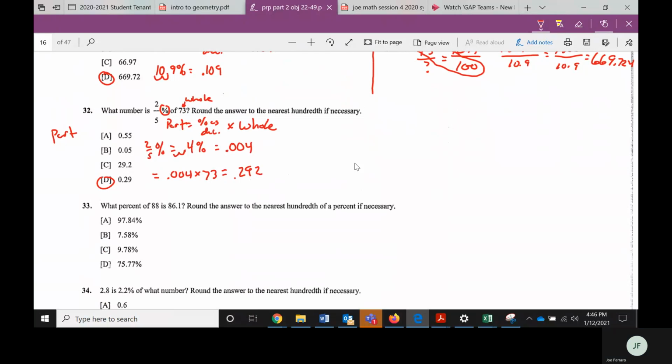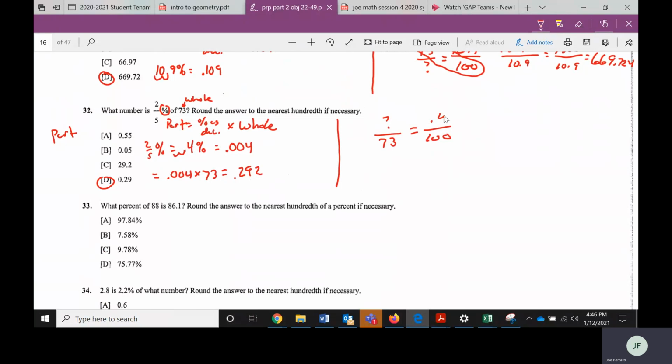Okay. To do this the other method, the part is at the top, so I'm just going to start right away with this. You can always start with that. Now fill in what you know. The whole is 73. The part is what we don't know. Now this is what it is as a percent. So right here we had 0.4%. So I'm going to use 0.4 right here.